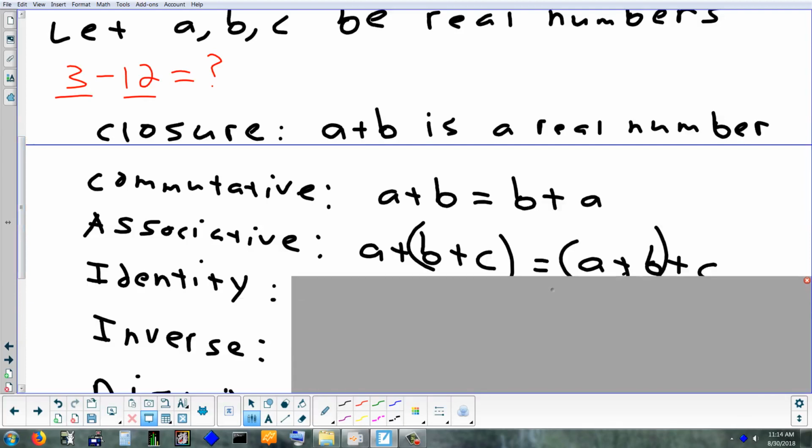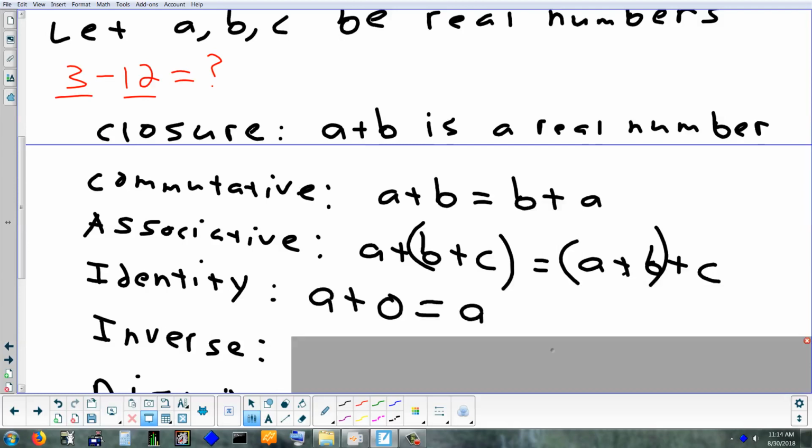The identity property is basically what you can do to something and not change it. So for addition, what can you do to something and it will give you back the same thing you started with? Yep, add 0. That's not the same for multiplication. If I multiply by 0, I don't get the same thing back.